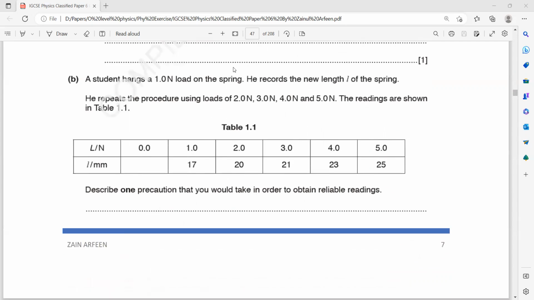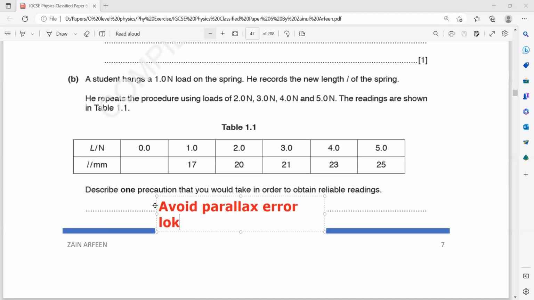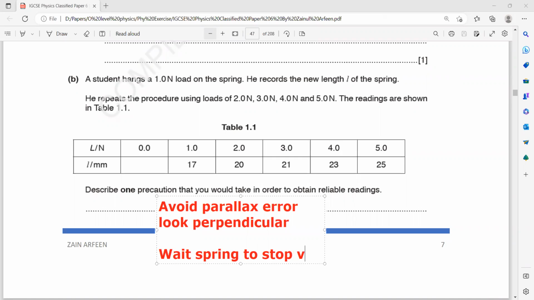So what precaution can we take? You can mention avoid parallax error, look perpendicular. And the second thing you can do is wait for the spring to settle down or stop vibrating before taking the measurement.